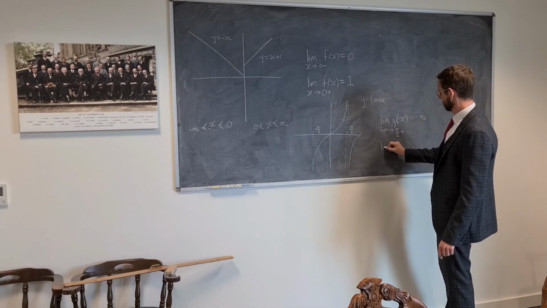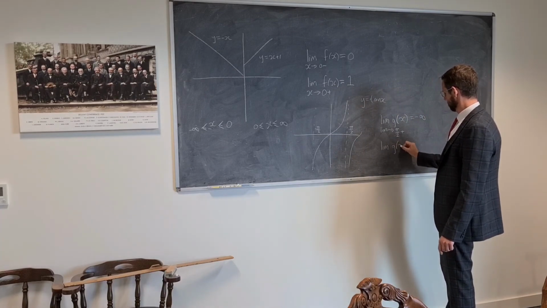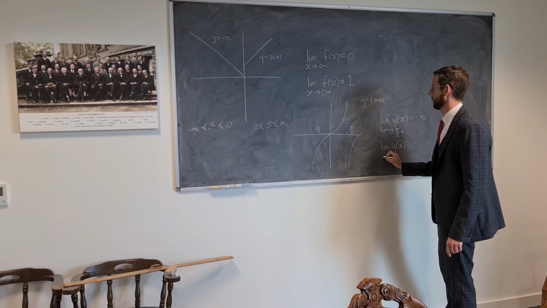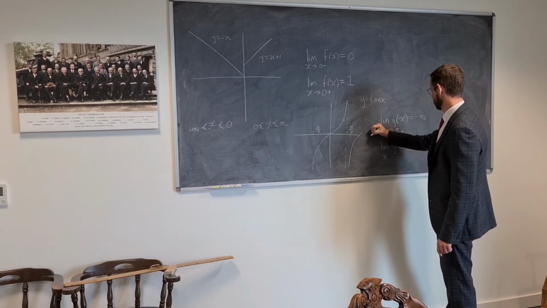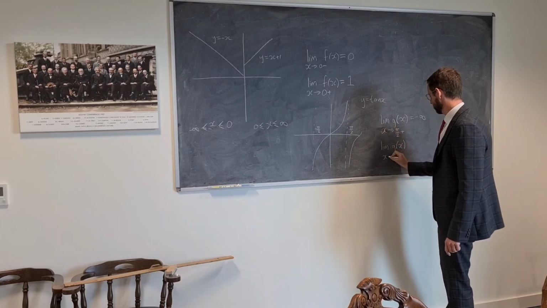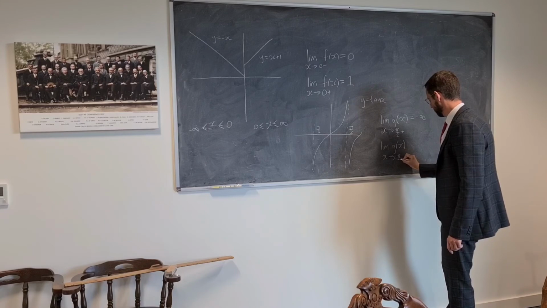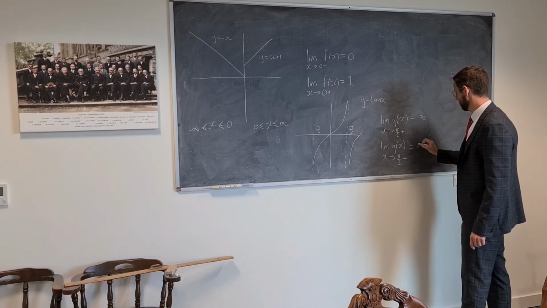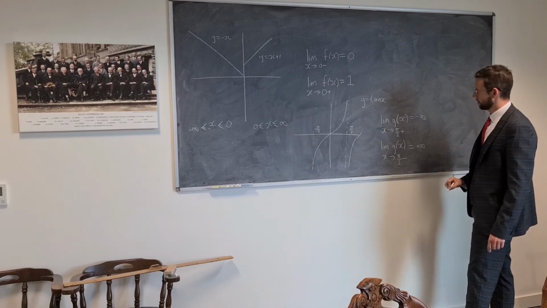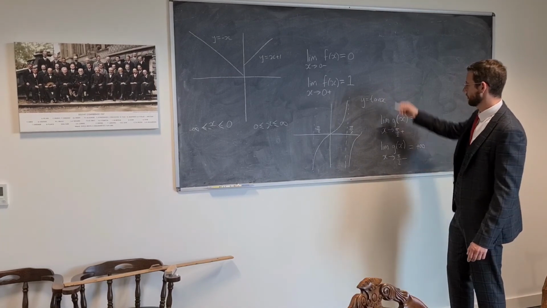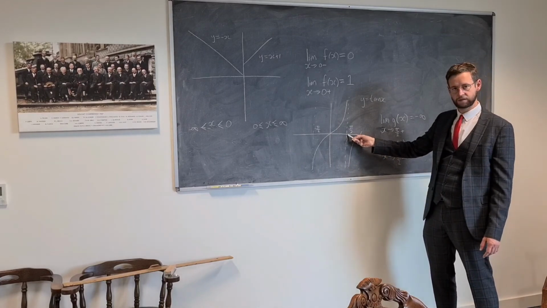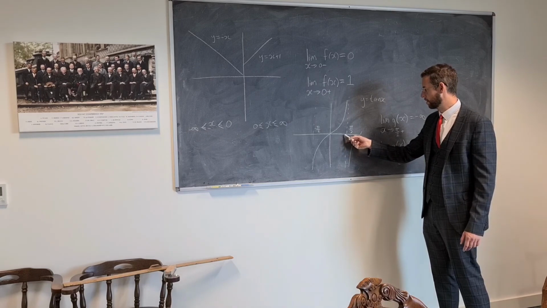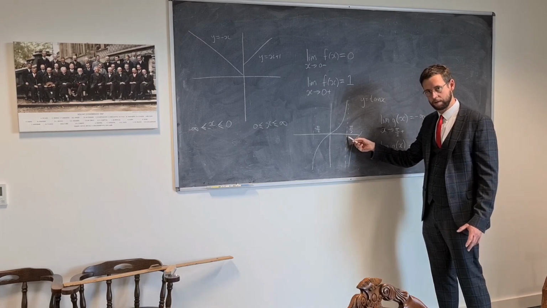But the limit as x, that should be an x by the way, as x goes to pi over 2 negative, is equal to positive infinity. So what you can see is here, using the same notation, we can represent this discontinuity. It depends on the direction from which you're approaching it.